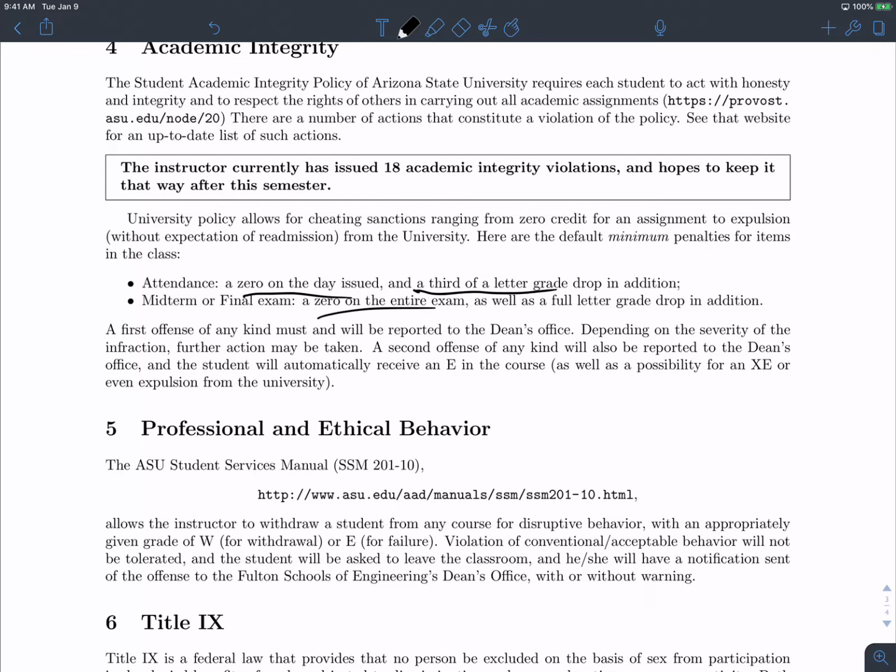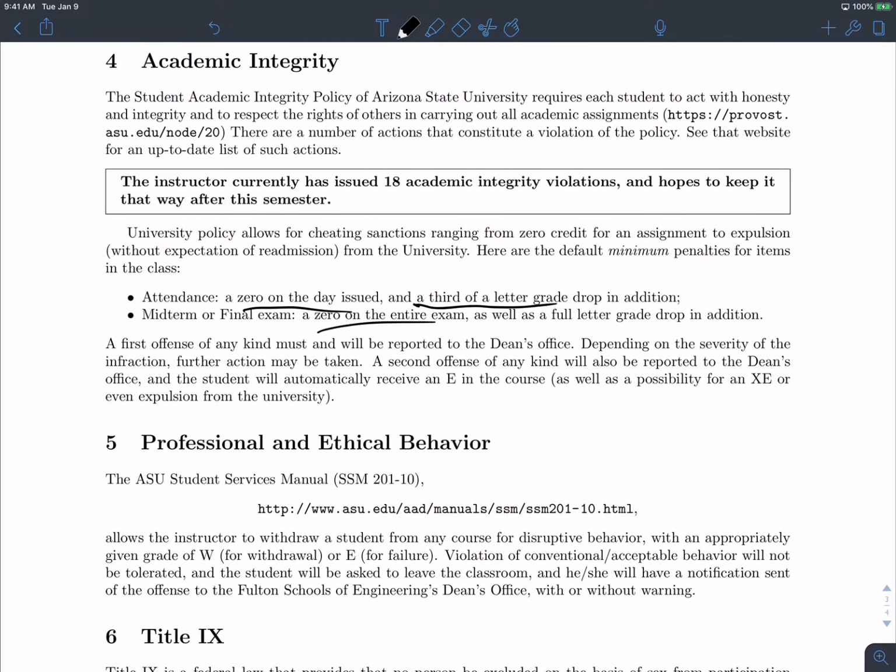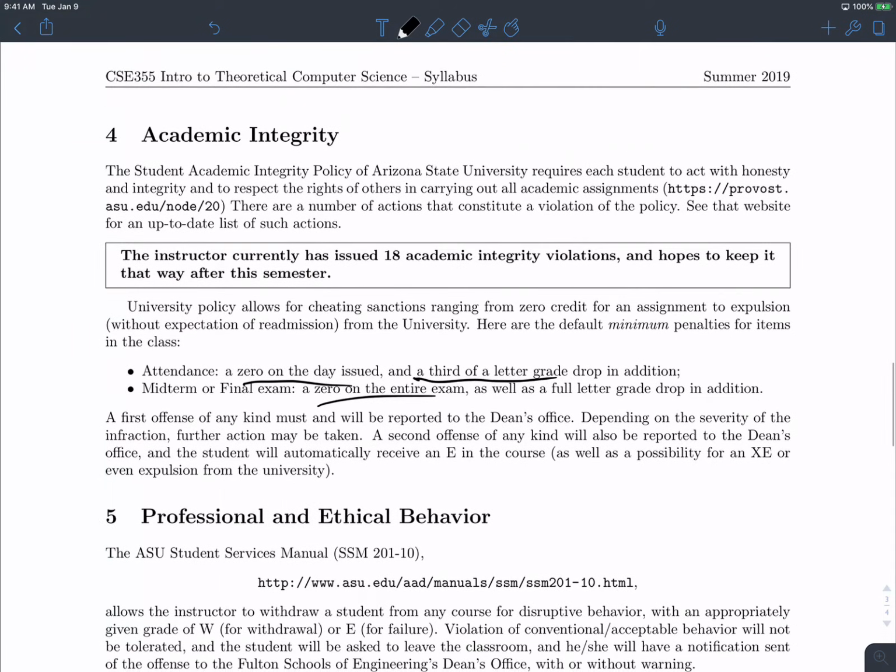So all 3 tests are open book. No computers or anything, but like any written materials you have, anything you wish. Okay? Because I know this seems like a harsh policy, but I take academic integrity seriously. So I hope open book can help mitigate against that. Okay, any questions on integrity things?